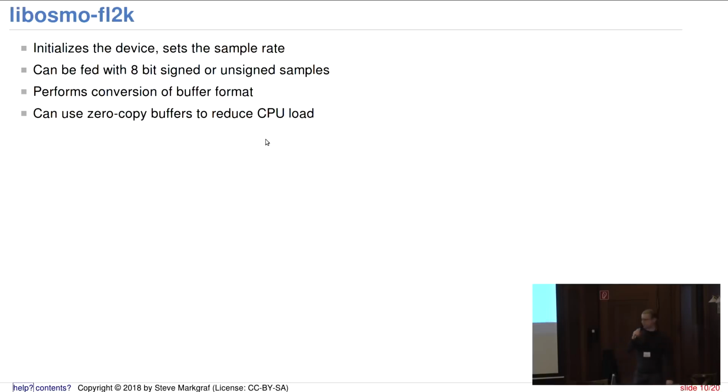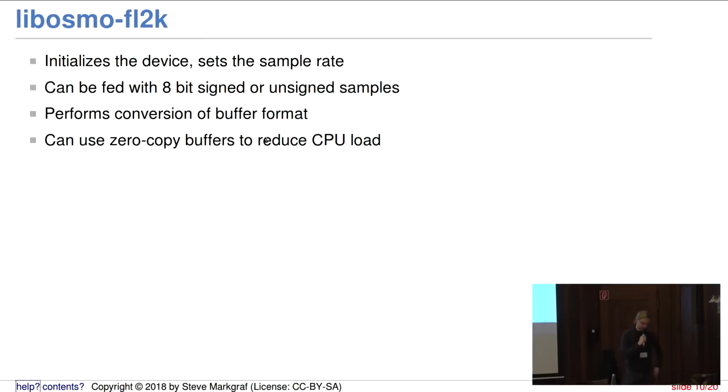So the outcome of all this was libosmo-fl2k, which initializes the device and sets the sample rate, and you can feed 8-bit signed or unsigned samples. Then this buffer format is converted, and it can use zero-copy transfers if the Linux kernel and libusb support it, to basically reduce USB load.